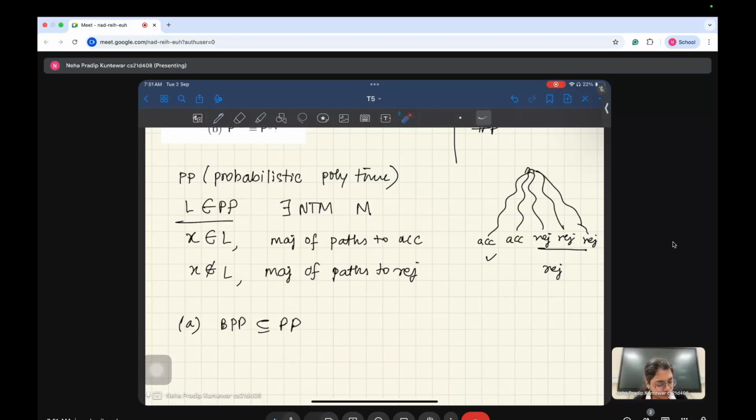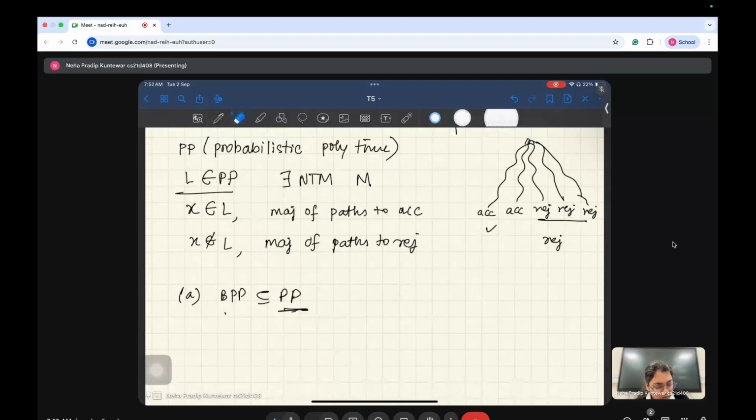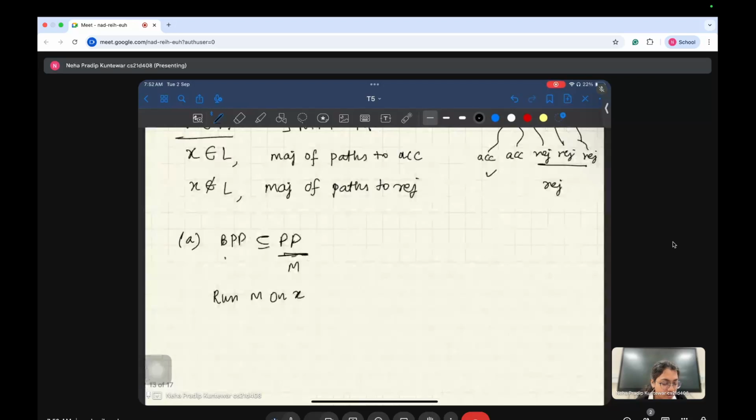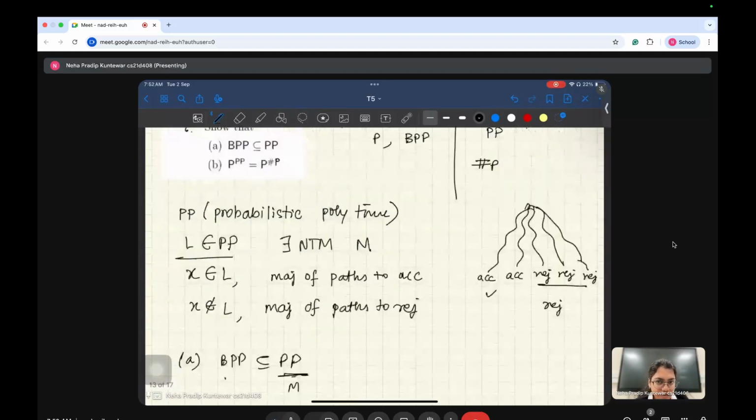Let's say M is the machine for PP. What I'll do is run M on input X, and it will tell me whether the majority of them are accepting or not.